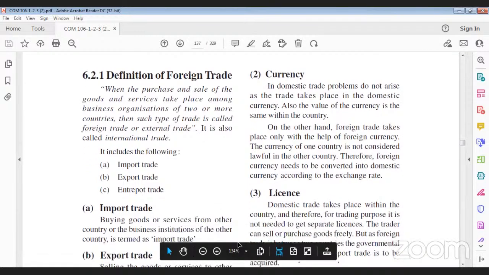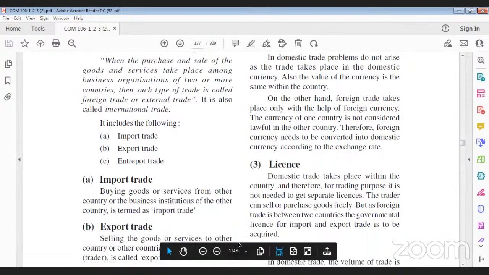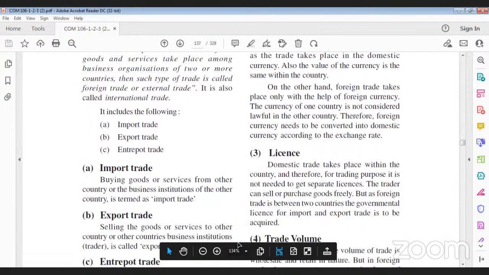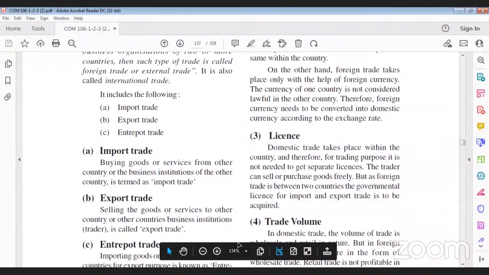Then there is the third point, that of domiciliation. Domestic trade takes place within the country, and therefore for trading purposes it is not necessary to get a separate license. The trader can sell or purchase goods freely, but as foreign trade is between two countries, a governmental license for import and export trade must be there.